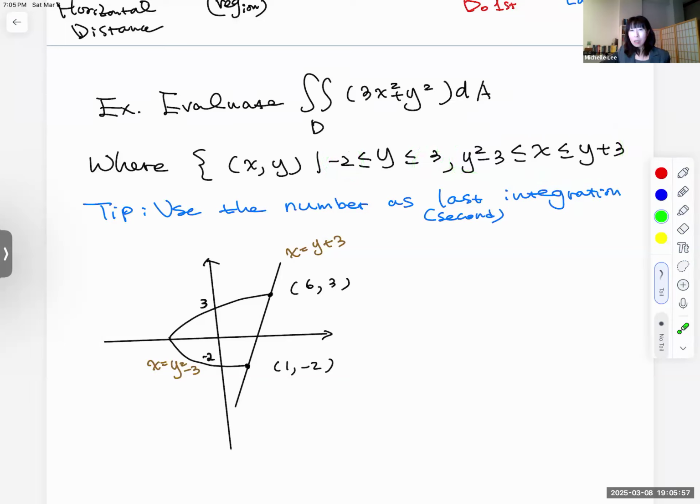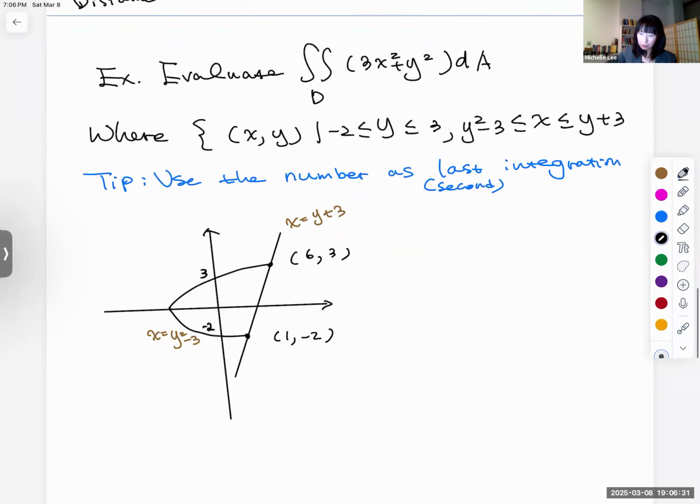If we wanted to do y first, then we would have to rewrite the region as functions. Since this is a vertical distance, vertical lines, it's better we integrate x first, then y later, so that we don't have to do extra work.